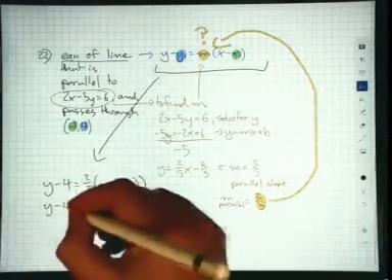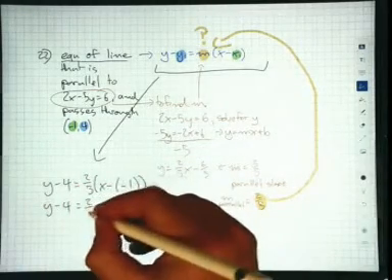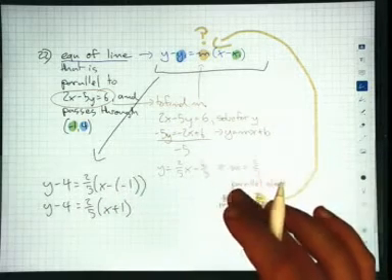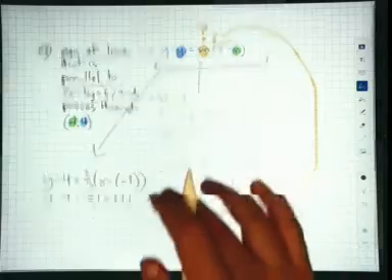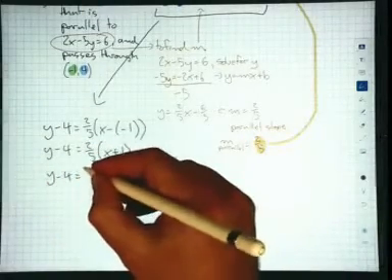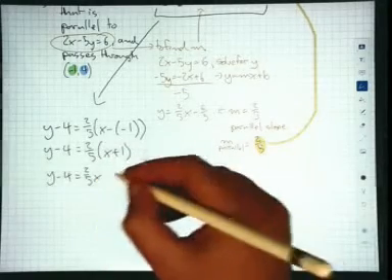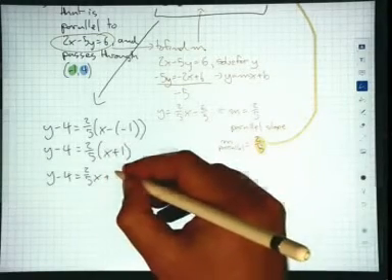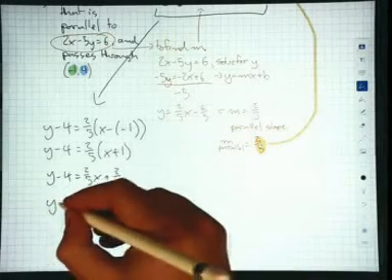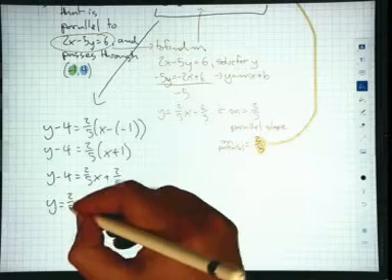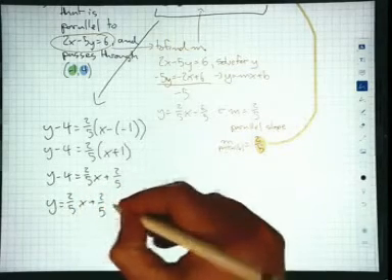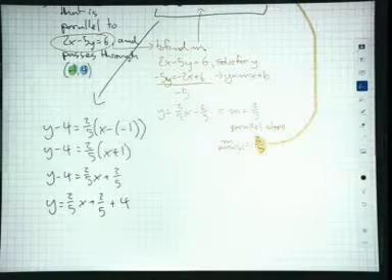So we got y minus 4 is equal to 2/5 times x plus 1. So y minus 4 is equal to 2/5 x plus 2/5. Then we have y is equal to 2/5 x plus 2/5 plus 4.